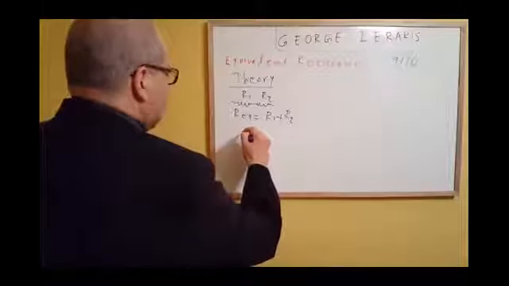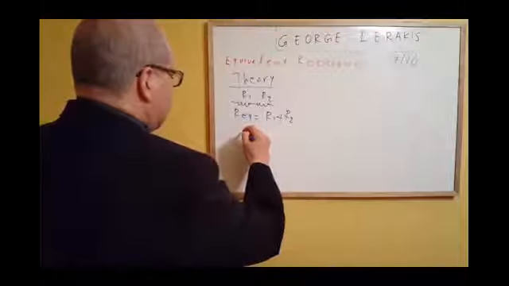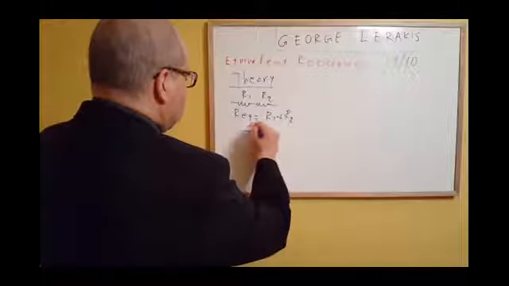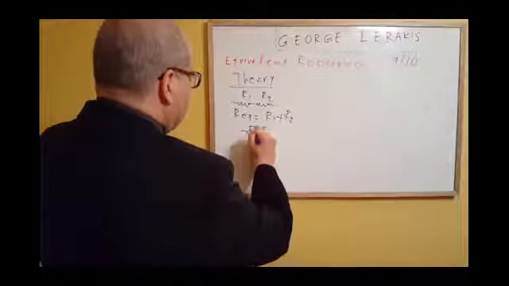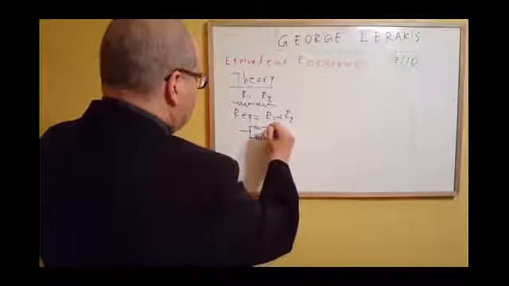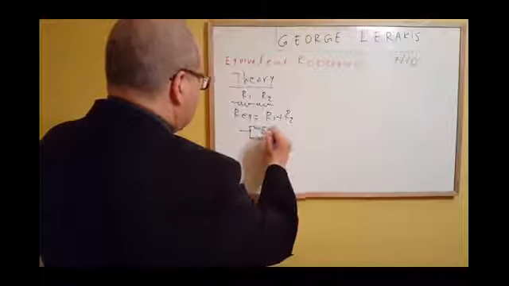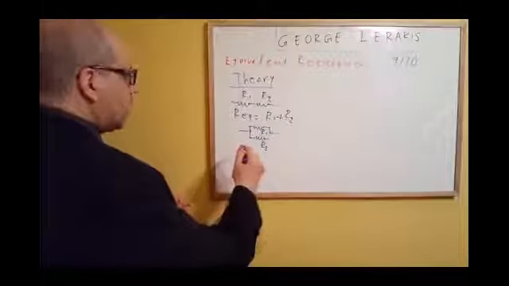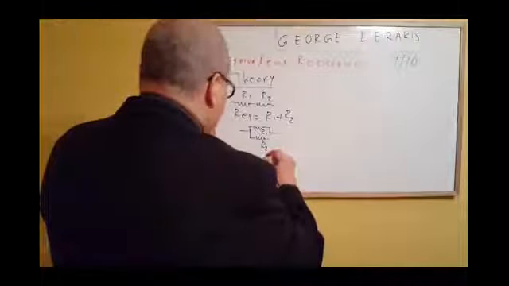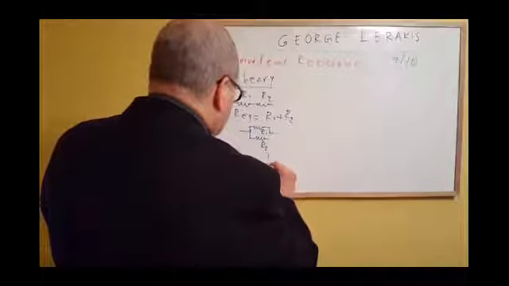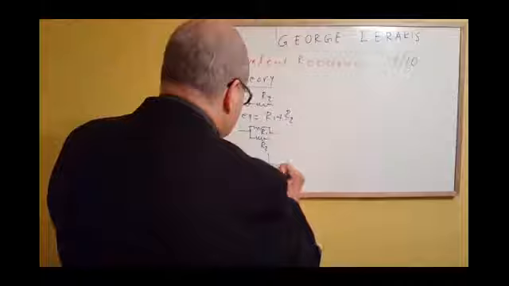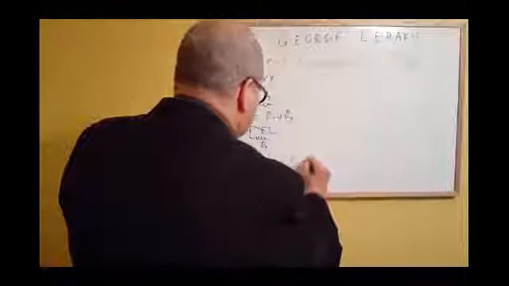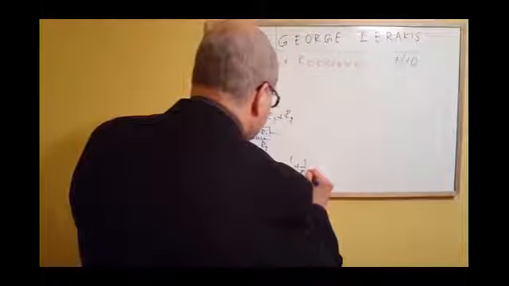And whenever you have resistors that are connected in parallel, the equivalent resistance is 1 over R equivalent is equal to 1 over R1 plus 1 over R2.